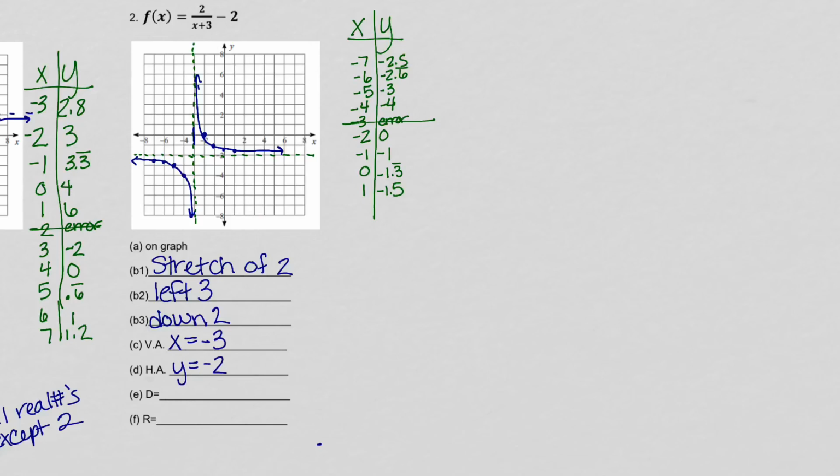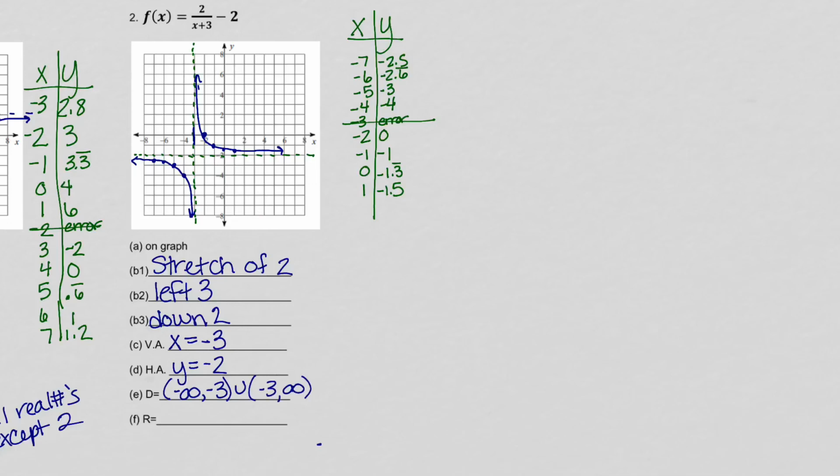So my domain is all real numbers except x being that -3 where the asymptote is. So if I write it in interval notation, it's going to go to -3, and then from -3 it'll go back up, okay?